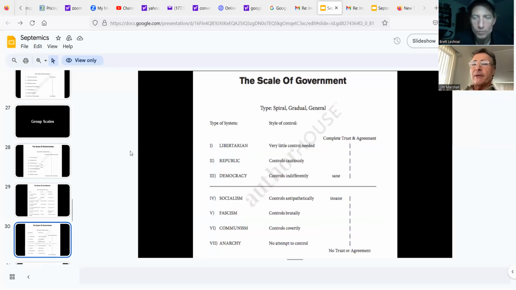Okay, the scale of government. Now, you hear all the time about the left and the right. That is, first of all, completely arbitrary. There really is no left or right. It's just a made-up thing. It's not left or right, it's up or down.